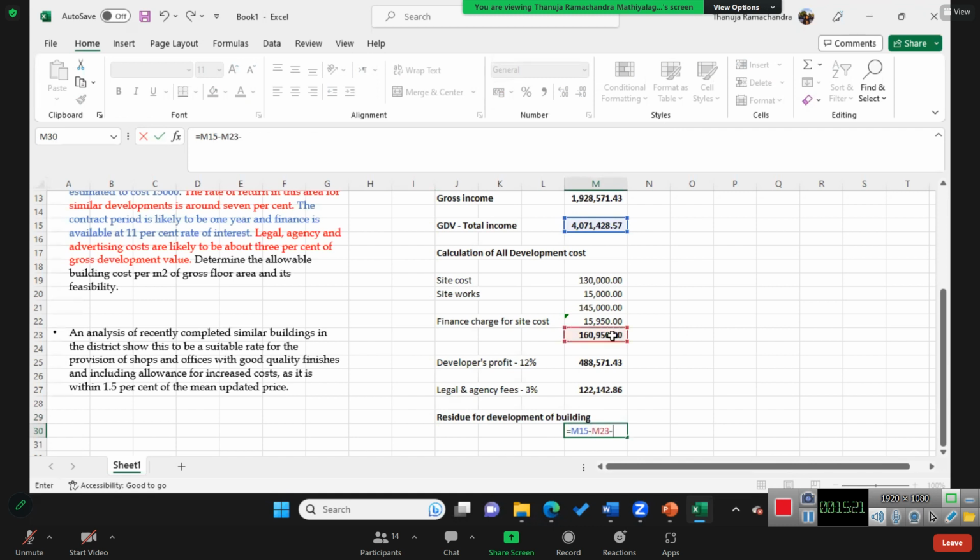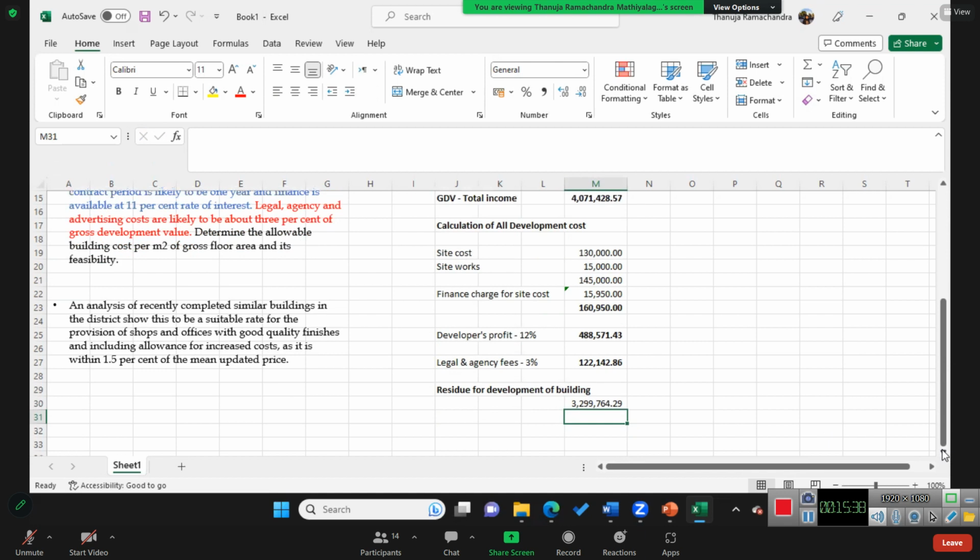Totally we have to, and then we have developer's profit, then we have legal and this one, right? So the balance 3.2 million is available to spend on this. Okay, and out of that we have building cost, building construction cost.